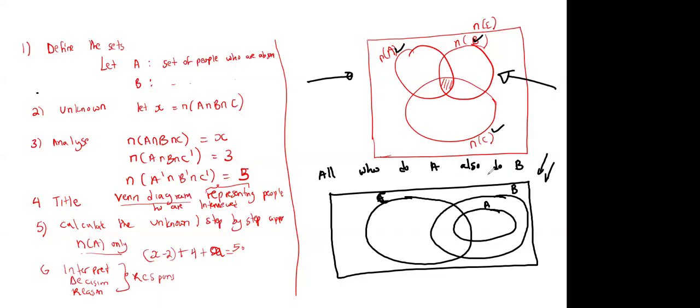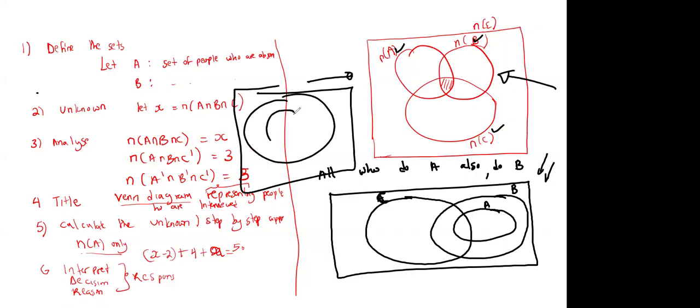Or sometimes I've seen questions whereby this is your A, this is your B, and this is your C. They tell you that all those people of B are doing A, and all those who do C are doing B. So you may find that this is how you're supposed to draw your Venn diagram.